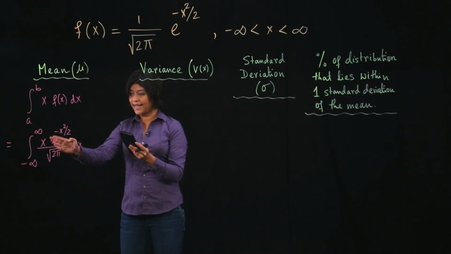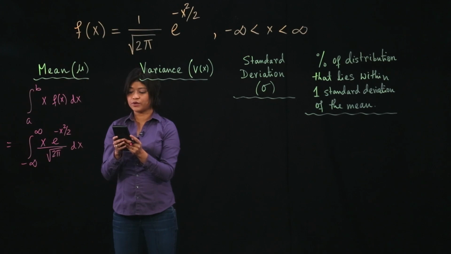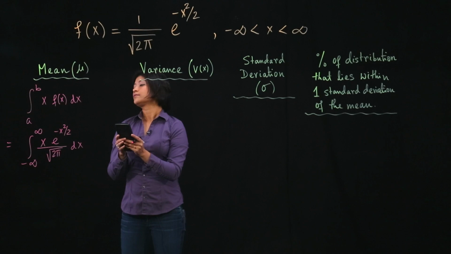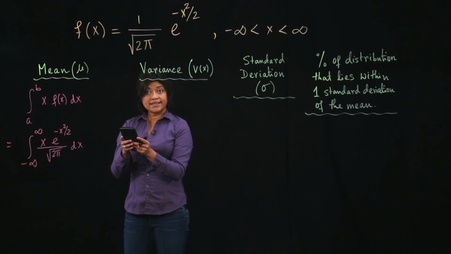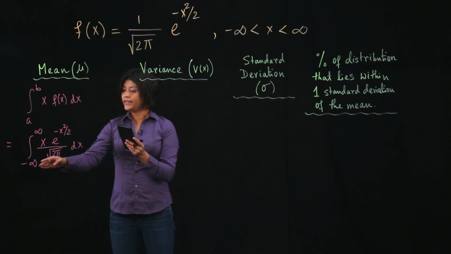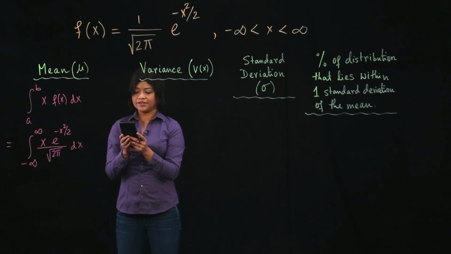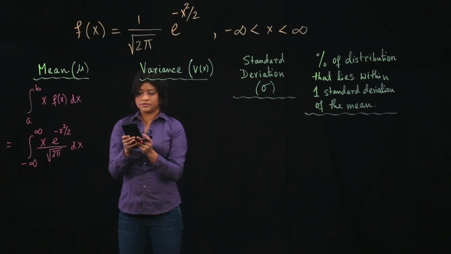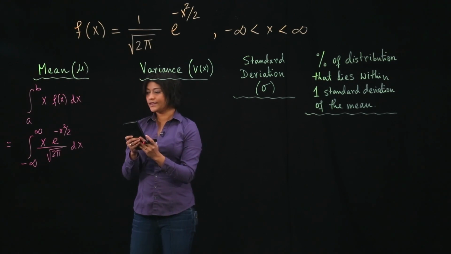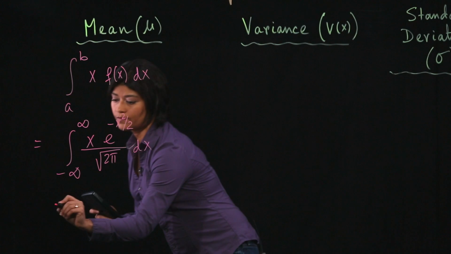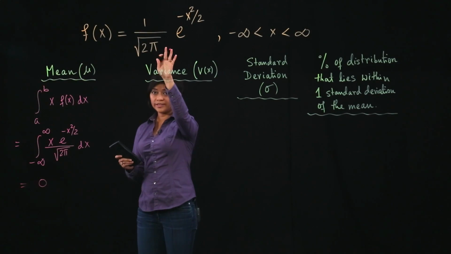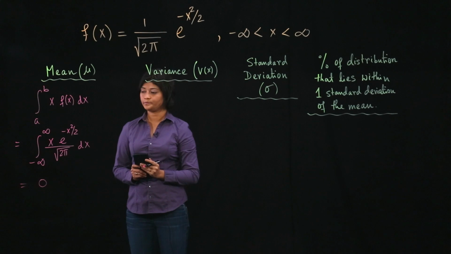Write down carefully, it is x times e to the negative x squared over 2, divide by square root of 2 pi, and the variable is x, and then you are integrating from negative infinity to positive infinity. Okay, let's see what the integral is. Well, 0. So the mean of this probability density function is 0.